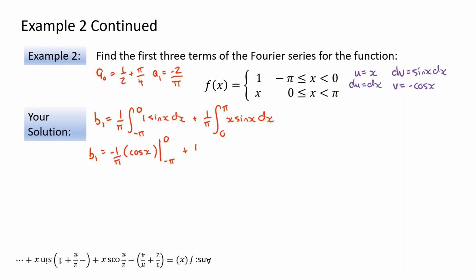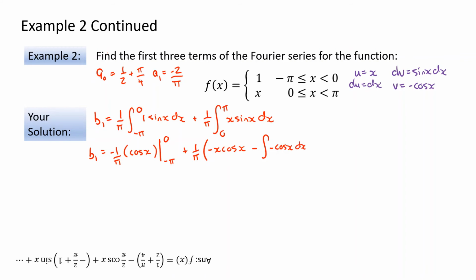And that's plus 1 over pi. I won't forget the 1 over pi term like I did for the a1. And that's multiplied by the integration by parts. So u times v, which is negative x cosine of x, minus the integral of v du, which is negative cosine of x dx.